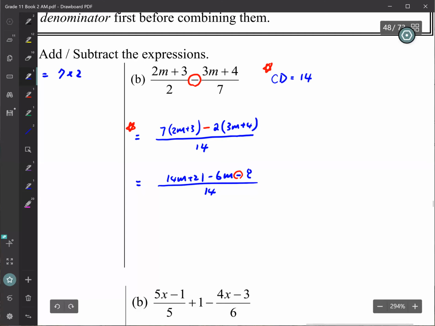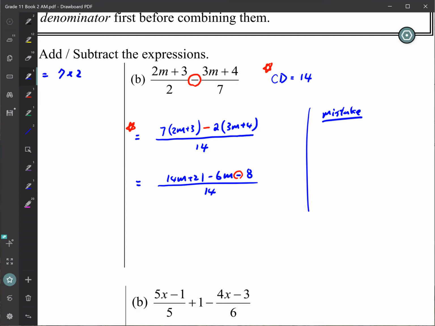Okay, so the common mistake that I see keeps happening every year is if you skip step 1 and you go straight to expansion. Let's say instead of writing out the brackets in your first line, you went straight to multiplying right away.